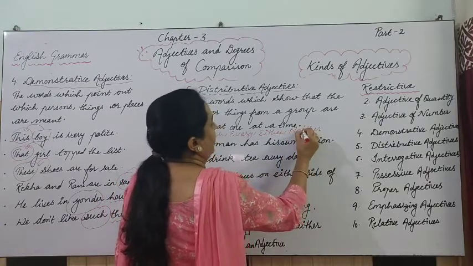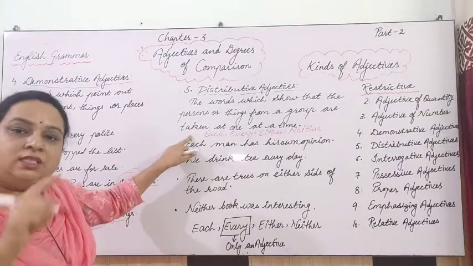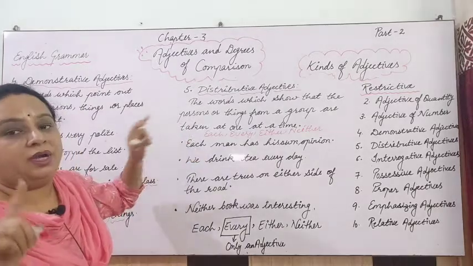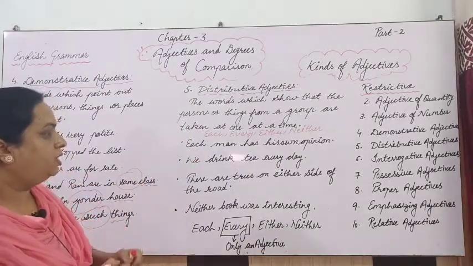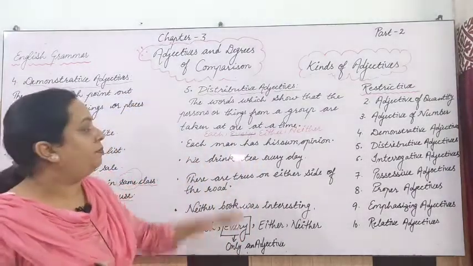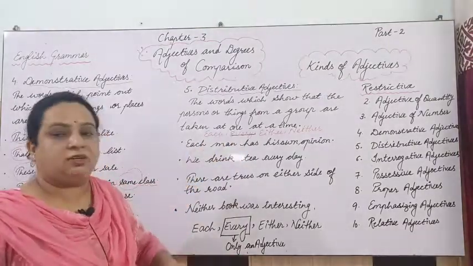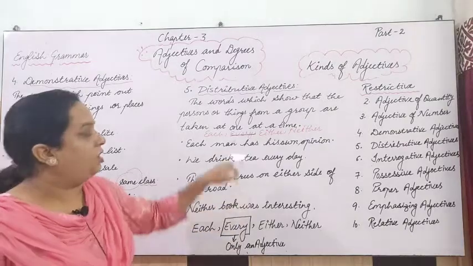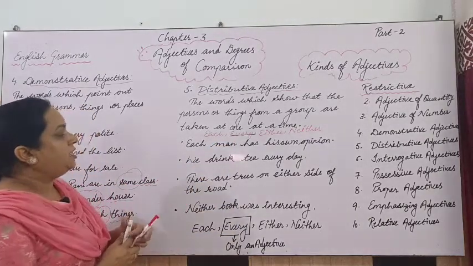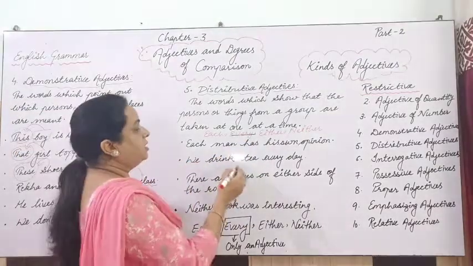These will act as distributive adjectives, and the same words are in the category of pronouns too, but the difference is that you will not find the word every in the list of pronouns, because every is an adjective only. Okay, every is an adjective only. So let's understand: each man has his own opinion.